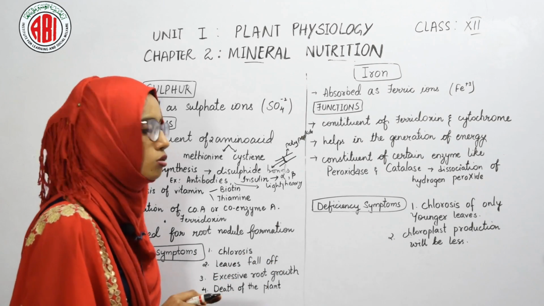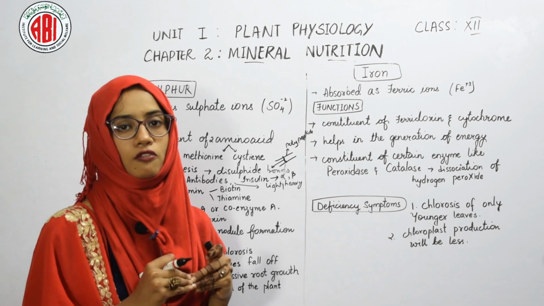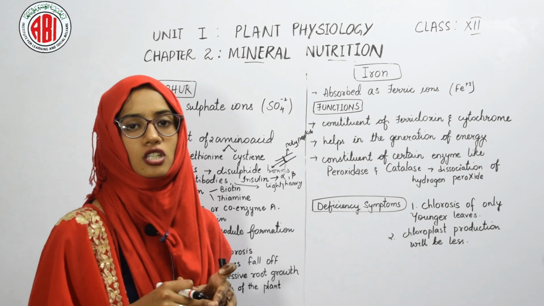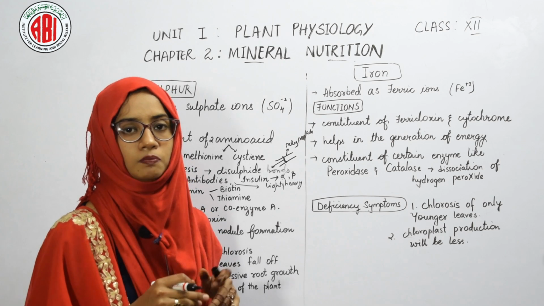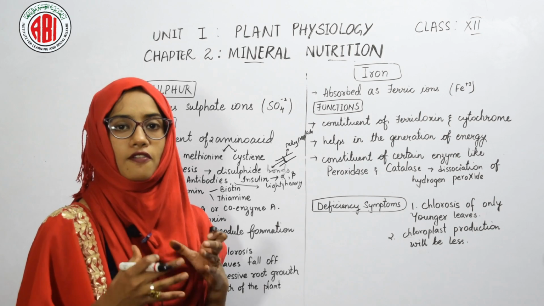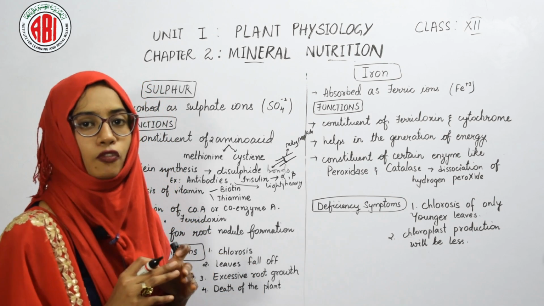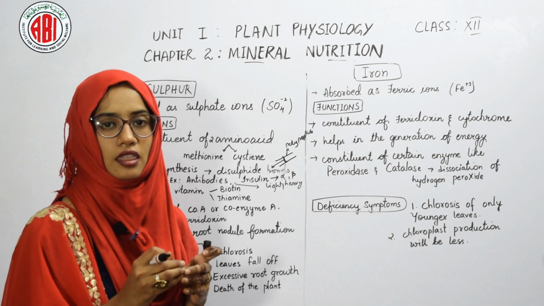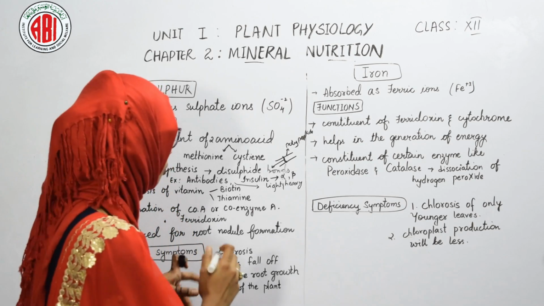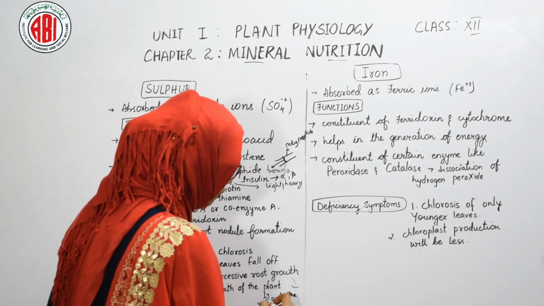And we can also see excessive root growth in the absence of sulfur. Due to the deficiency of sulfur, we can observe excessive growth of the roots. When these roots grow excessively, they form some lump like structures in them, and these lumps are going to block the xylem and phloem tissues of the root.